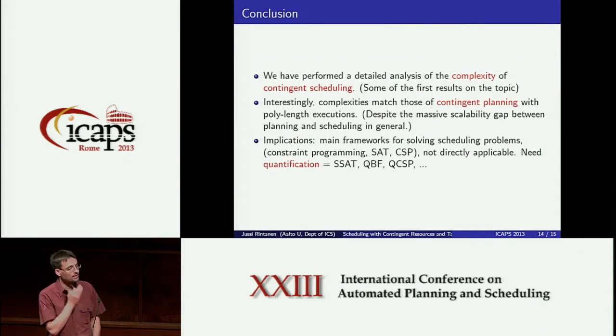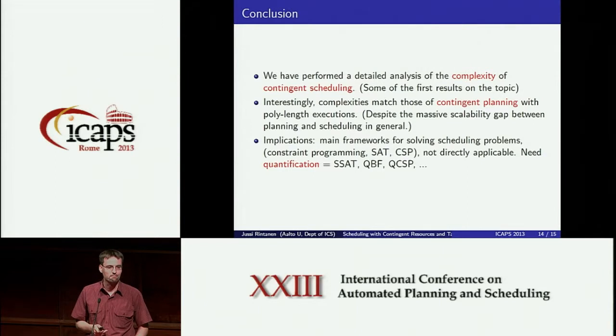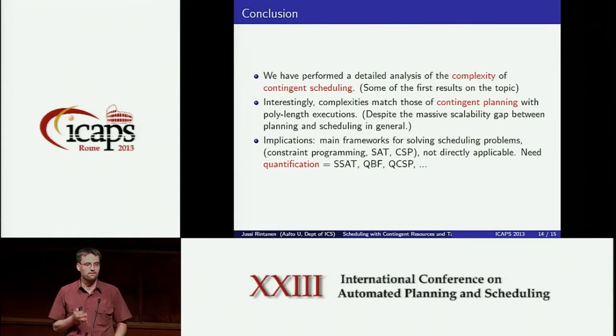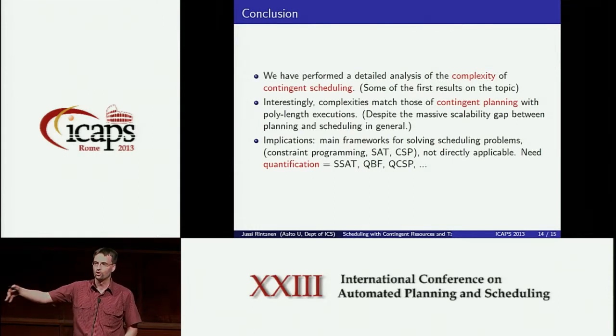The interesting thing in all of these results is that the complexities are exactly the same as in contingent or conditional planning, given the restriction to polynomial execution length. So if execution length is polynomial, otherwise we don't limit the size of the plans or observability. So observability can be anything, including very little observability. We get a PSPACE-complete problem.